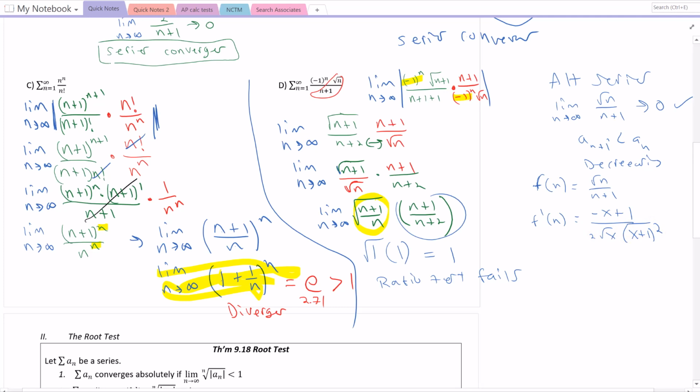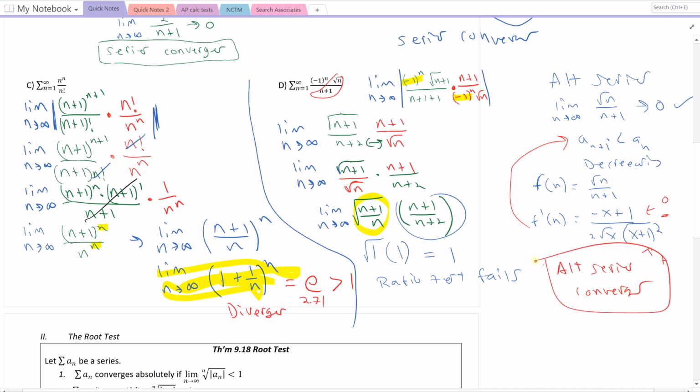And we can show that for x greater than 1, this is always negative, right? This bottom part is always positive, and then for x greater than 1, the top will either be 0 or negative. So you're going to have either the answer of 0 for the first term, which is fine, and then it's going to be negative, meaning it's always decreasing. And because it's decreasing, that must be true, right? The next term must always be less than the one right before it. So we can show that by the alternating series test, it converges.